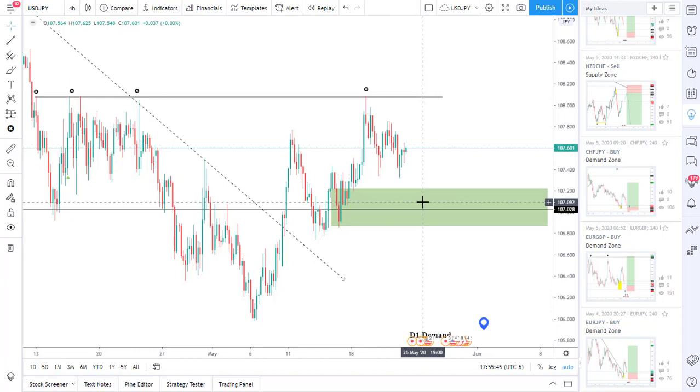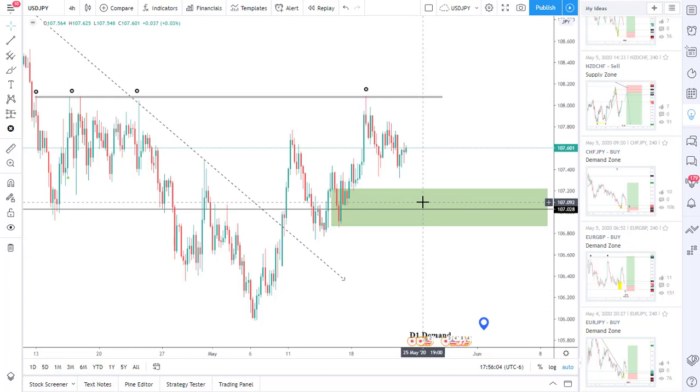We are expecting on Aussie yen to get short there, right? We're expecting the price to start dropping and falling down. And here the opportunity says that we can get long.